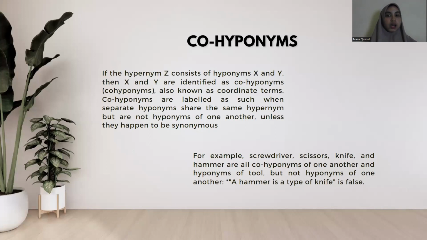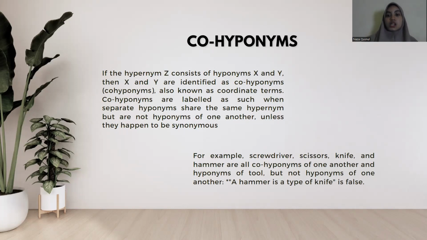Next is co-hyponyms. If the hypernym set consists of hyponyms X and Y, then X and Y are identified as co-hyponyms, also known as coordinate terms. Co-hyponyms are labeled as such when hyponyms share the same hypernym but are not hyponyms of one another, unless they happen to be synonymous.